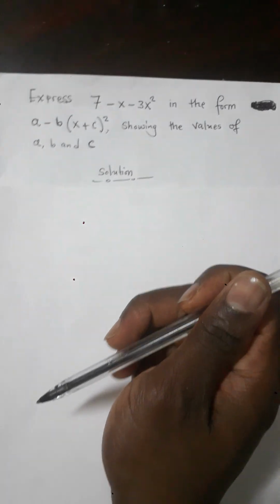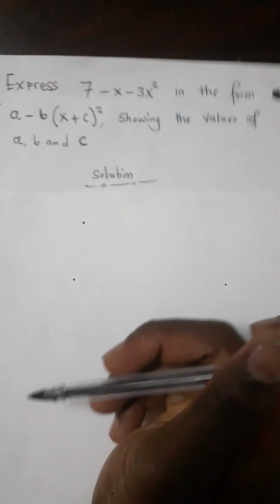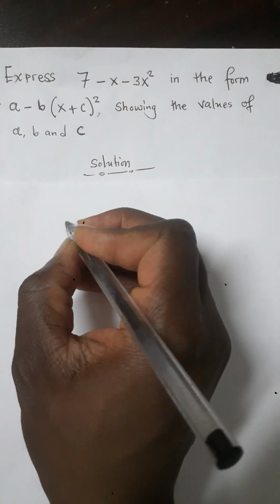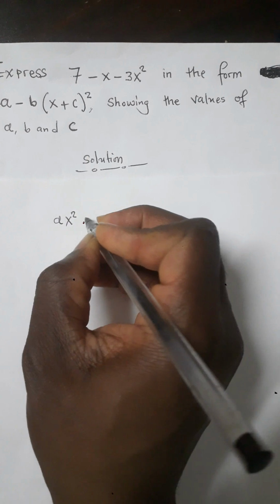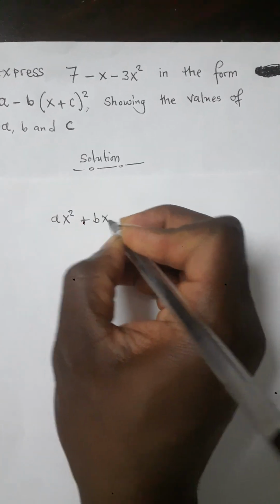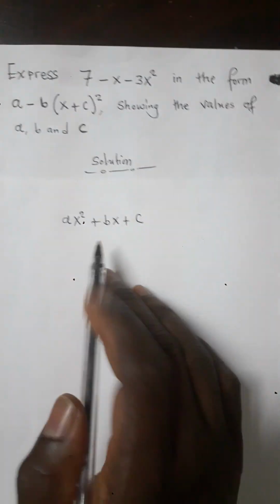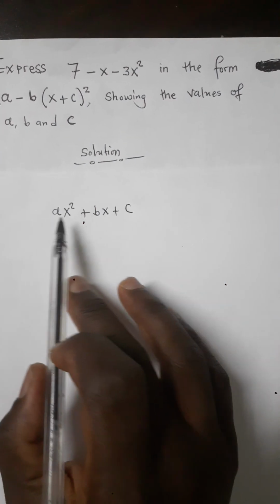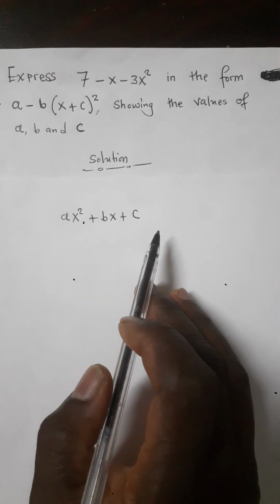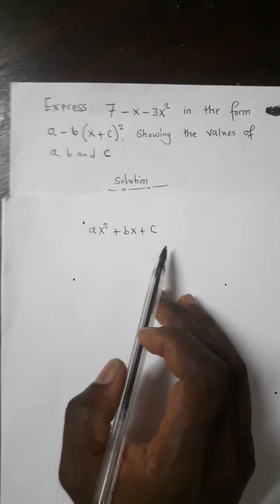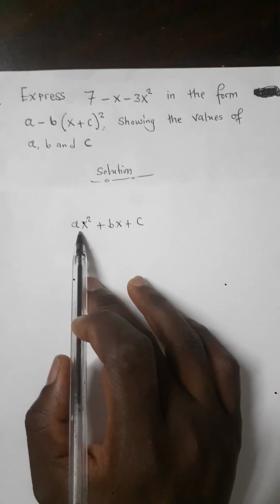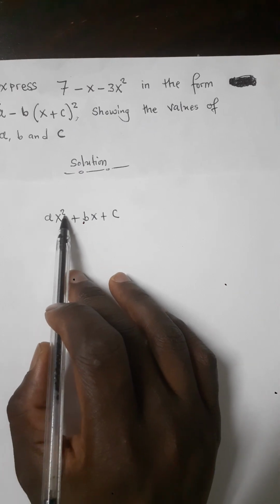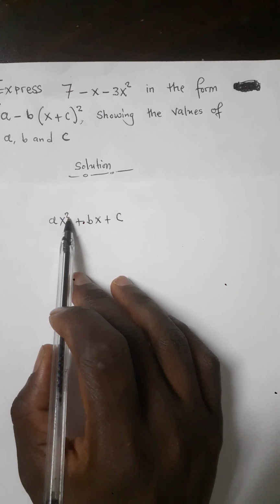So what is a quadratic expression? A quadratic expression is an expression that is in the form ax squared plus bx plus c, where a, b, and c are constants, and a can never be equal to 0, because if a becomes 0, it will get rid of the term which has the power of 2.